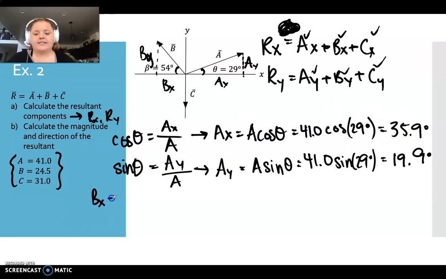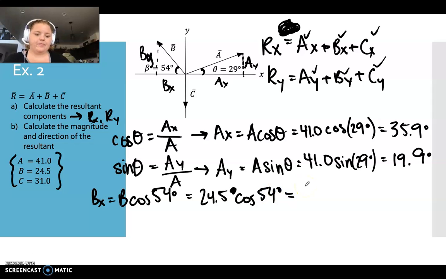So BX is going to equal B cosine 54 degrees. And B is 24.5. So 24.5 cosine 54 degrees. That gives me 14.4.